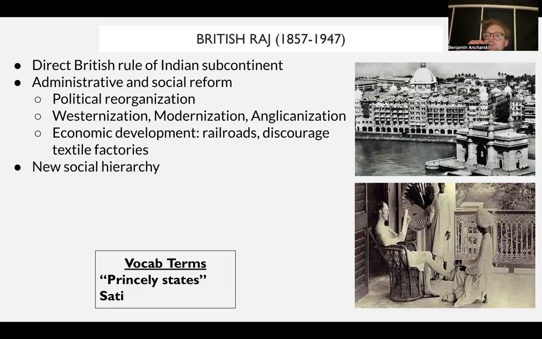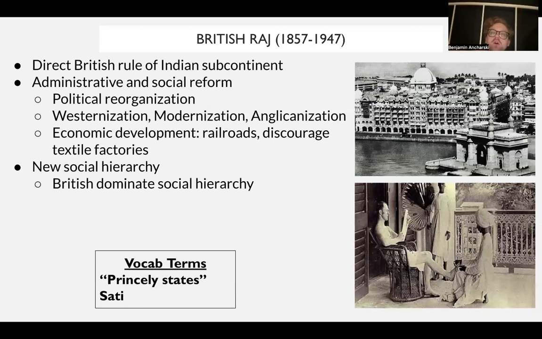But much like we see with these political and economic efforts to change Indian society, we also see the British introducing ideas of social hierarchy, some new ones based on European ideas, but also reinforcing and reworking some old ones. At the end of the day, what class dominates India?